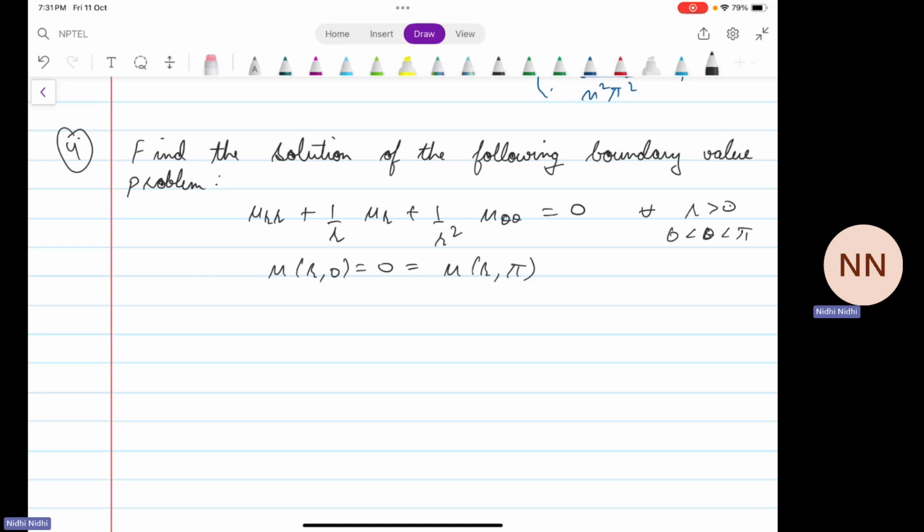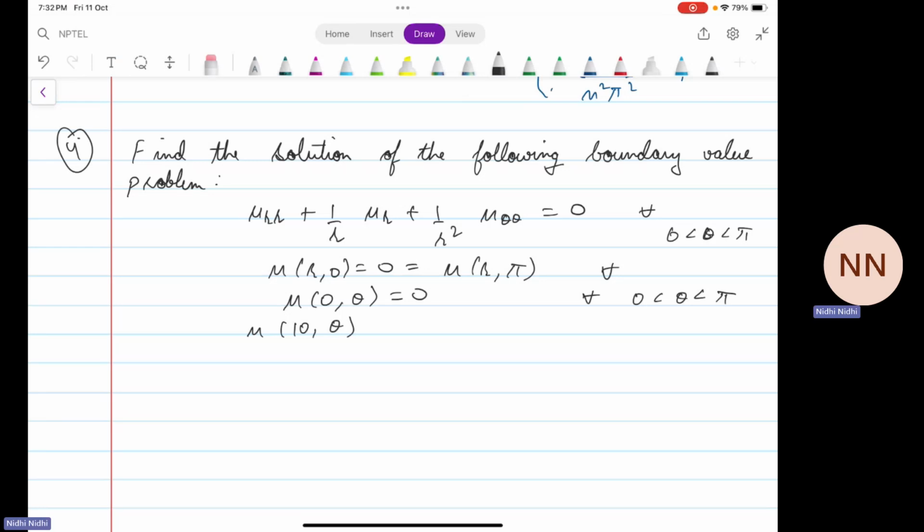And then we have this for every r positive. Along with this we have u(0,theta) equals 0 for every theta between 0 and pi, and u at (10,theta). Oh, sorry, so r is from 0 to 10.